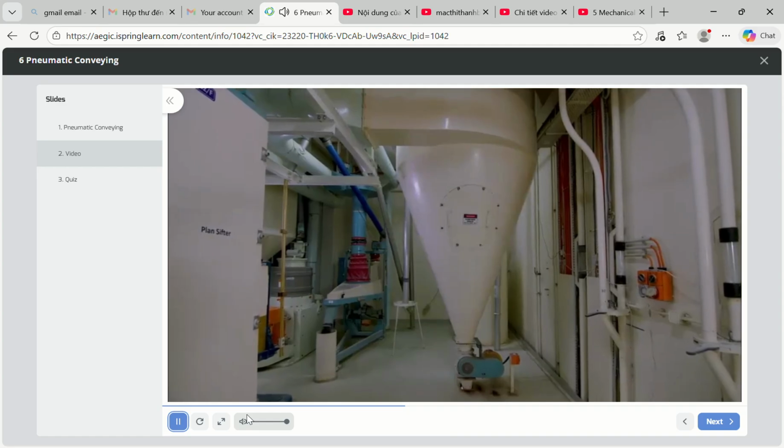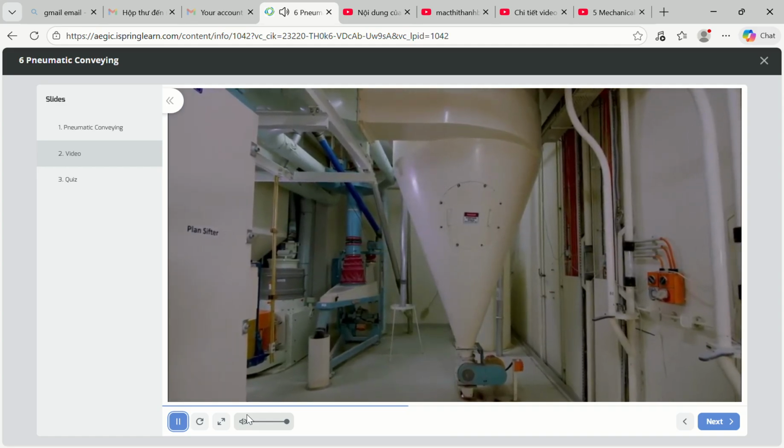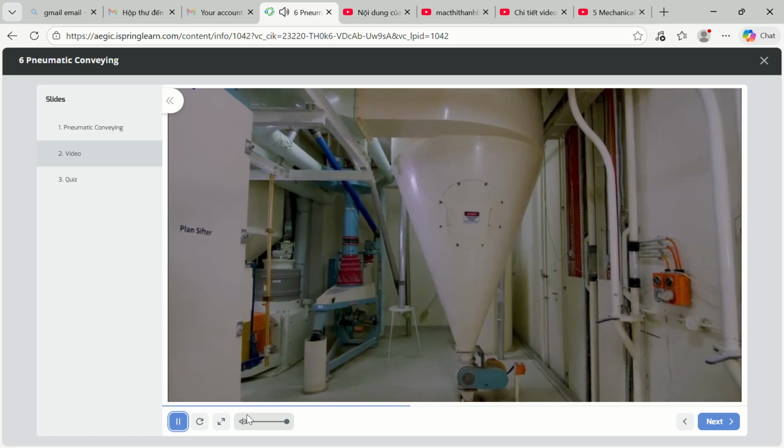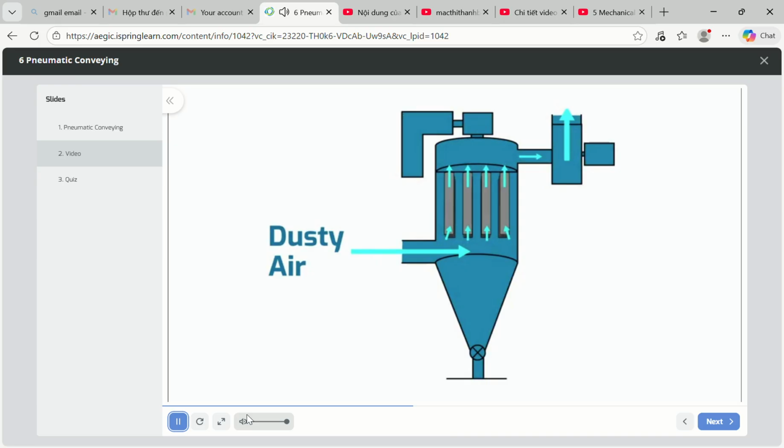For example, this dust collector is used as part of the exhaust system for a small screen room. It filters the dusty air exhausted from screen room machinery and elevators.